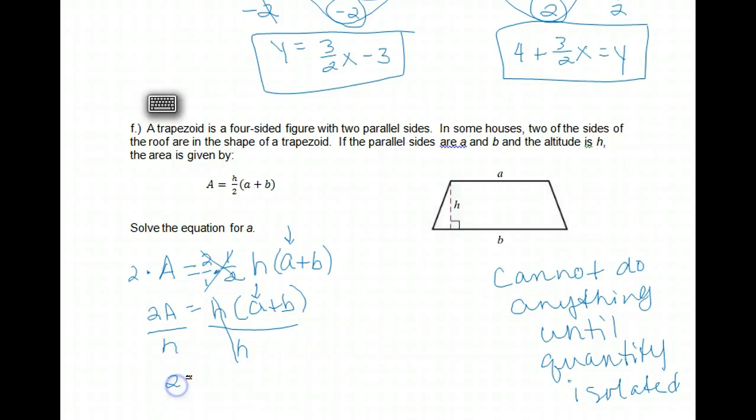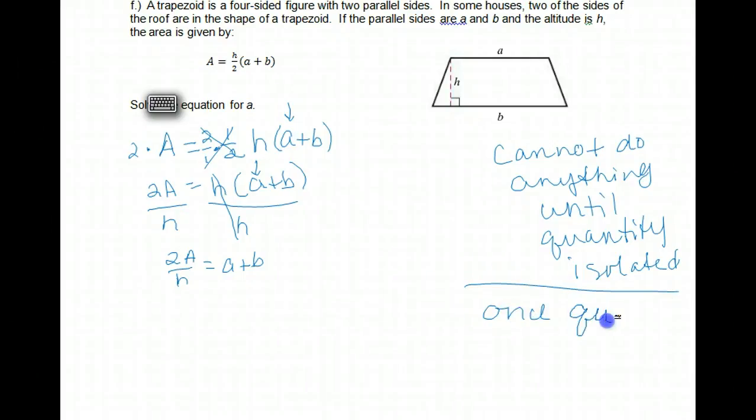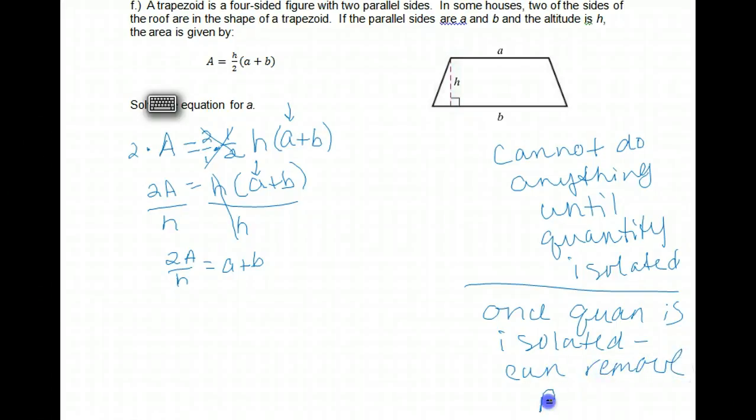So we now have 2A over h equals A plus B. Once your quantity is isolated, you are permitted to remove your parentheses.